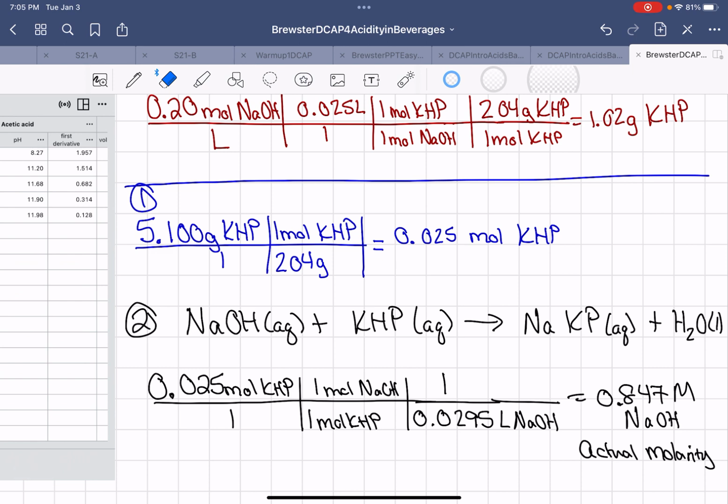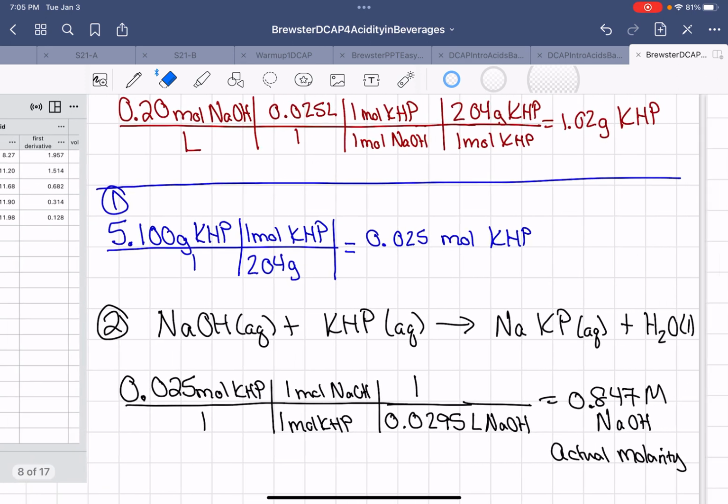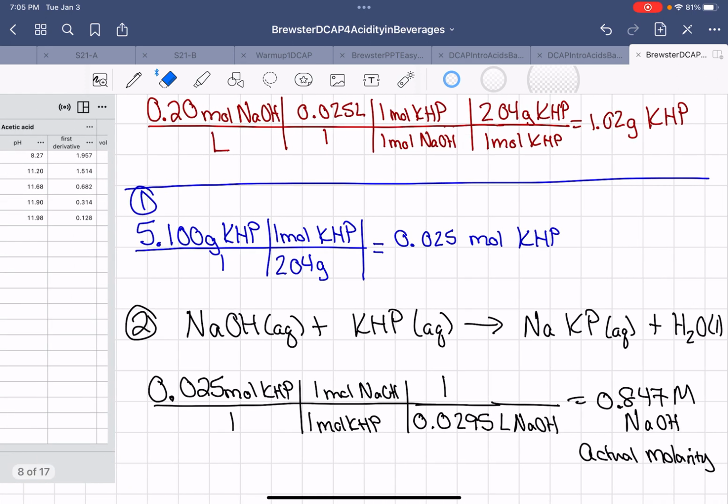So my first step is to figure out what the molarity of the KHP is. When I was setting up your lab, I weighed out 5.10 grams of KHP, and that ended up being 0.025 molar KHP when I do the calculations. Then, step 2, I have the reaction written out for you, and this is why we can do it like this.